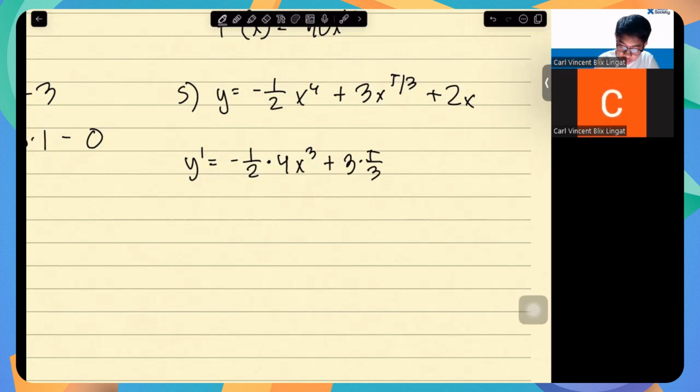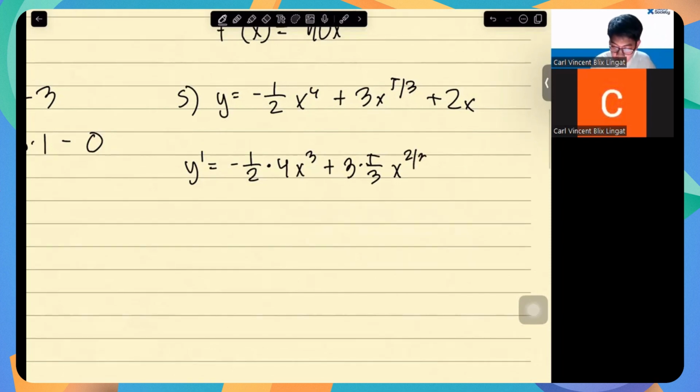Then subtract 5 over 3 by 1. So we have 5 over 3 minus 1, that's 2 over 3. Plus 2. Again, this x is just x to the 1 because we brought down the 1, and then 1 minus 1 as the exponent is just 0. So 1 times 1 is 1.